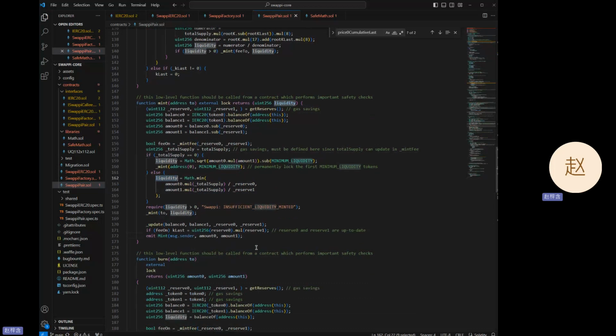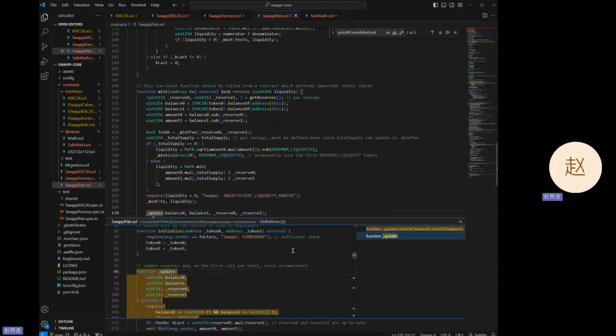So we calculate the liquidity and mint to the target address given as the argument in the function prototype. After minting the liquidity, we will update the current balance to reserve 0 and reserve 1. We'll go to the update.